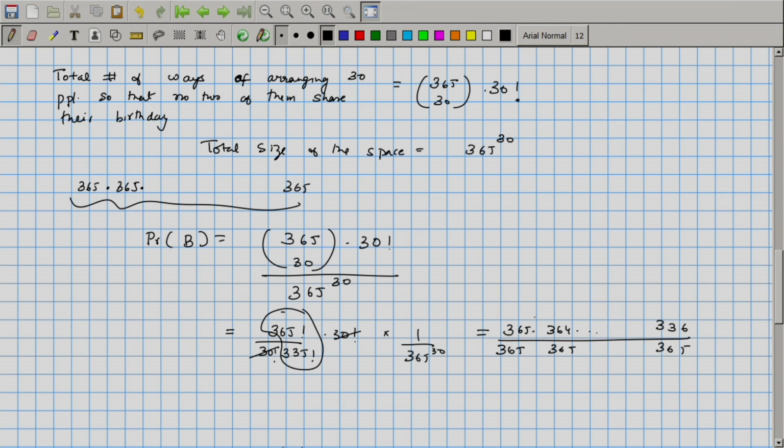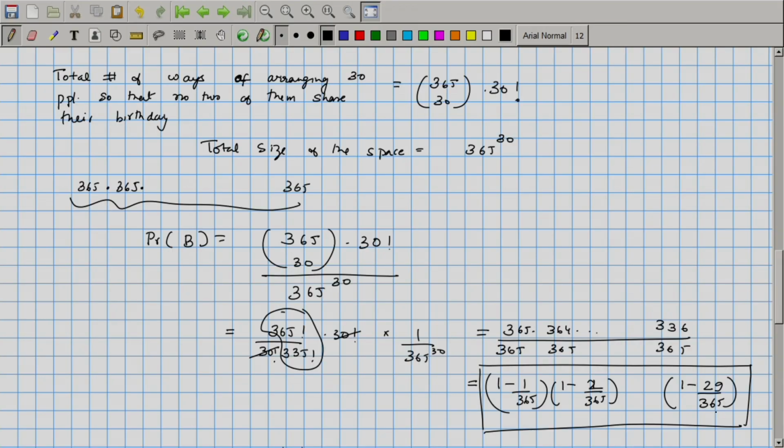So, the first term is 1 by 1, that goes away, and the remaining is (1 minus 1 by 365) times (1 minus 2 by 365) times ... times (1 minus 29 by 365). There are 29 terms, the first term being 1 by 1, that has vanished. So, this is the probability. Now, that is a difficult thing to compute, but we can see this answer in yet another way.